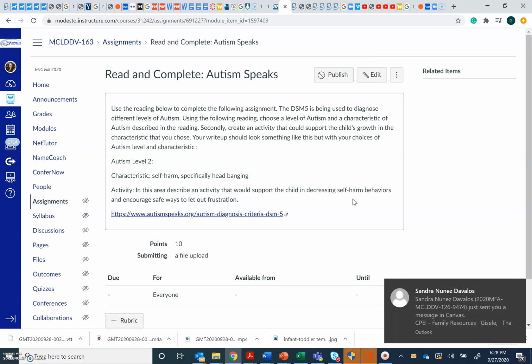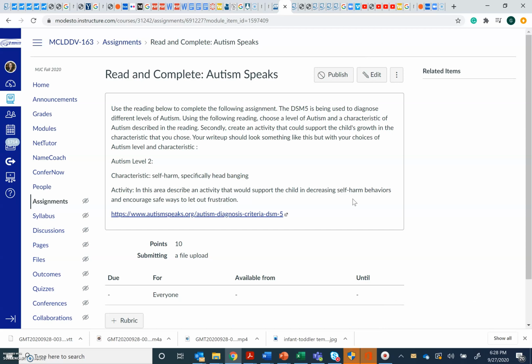When you're looking at functioning and you're looking at characteristics, what I'm asking you to do is name the autism level first, and then name the characteristic within that autism level, and then come up with an activity that would support the child who is experiencing that characteristic. And here's the example I've provided to you.